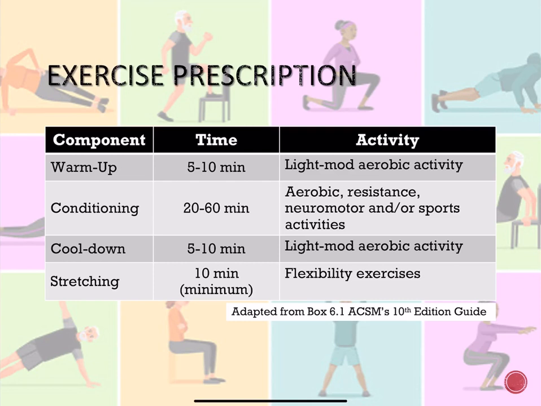You should include some kind of a warm-up, somewhere between 5 to 10 minutes of light to moderate activity that warms the body up to get ready for the conditioning phase, whether that's aerobic or resistance or a neuromotor re-education plan. That's the meat of your exercise, followed by a cool down to bring that patient's physiology naturally back down to a resting state. And then maybe ending with some mild stretching, taking advantage of the heat that you created.